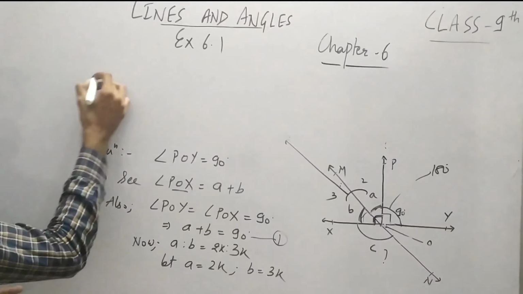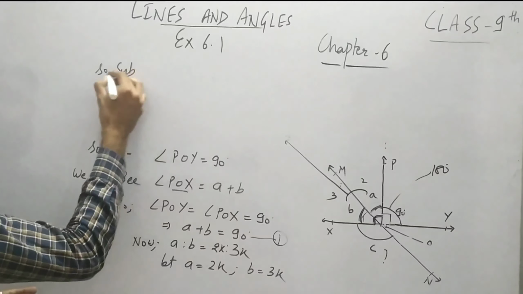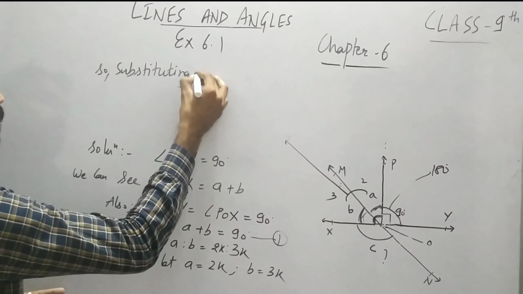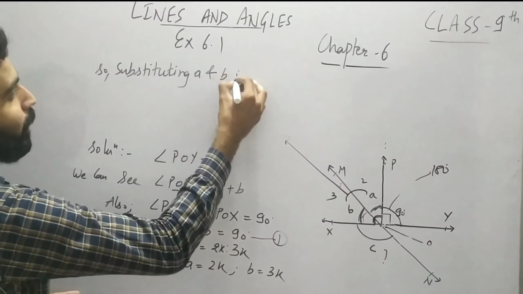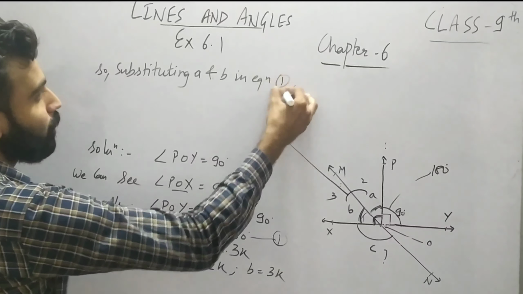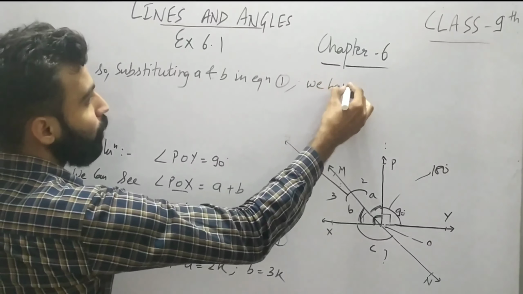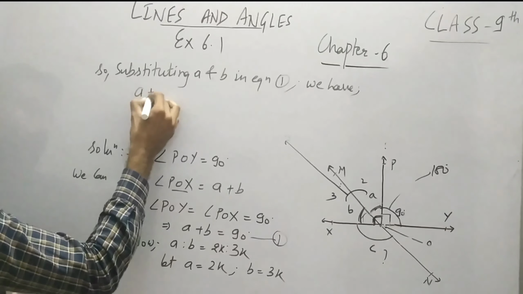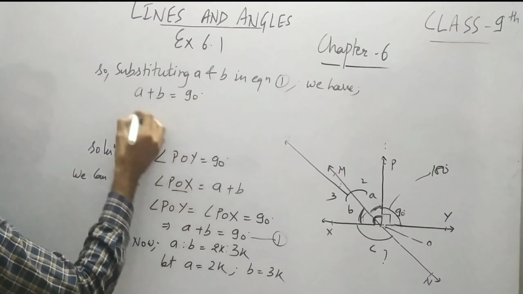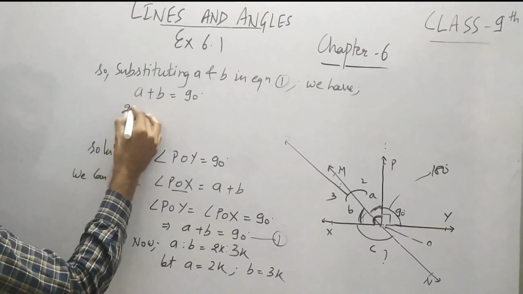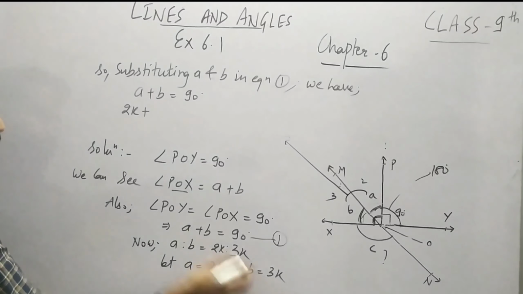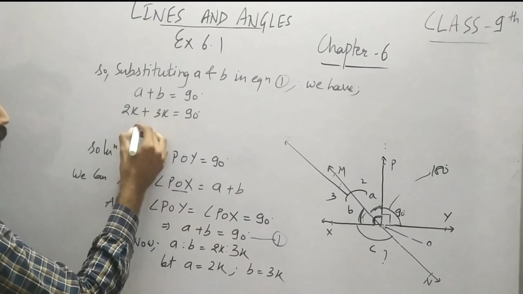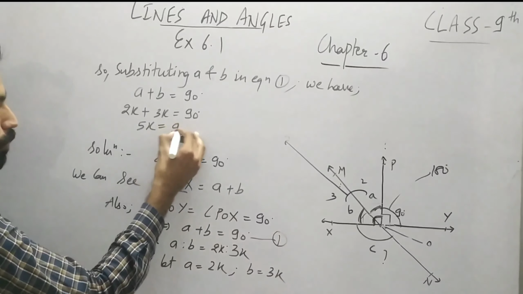Now put this A and B into equation first. Substituting A and B in equation first, A plus B equal to 90, so 2X plus 3X equal to 90. 2X plus 3X gives 5X equal to 90.